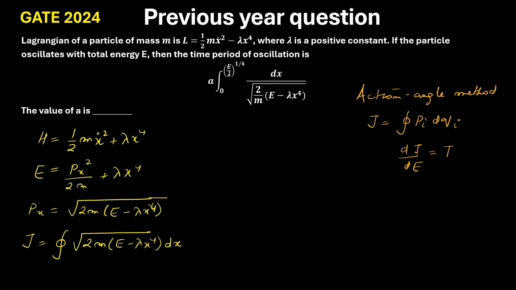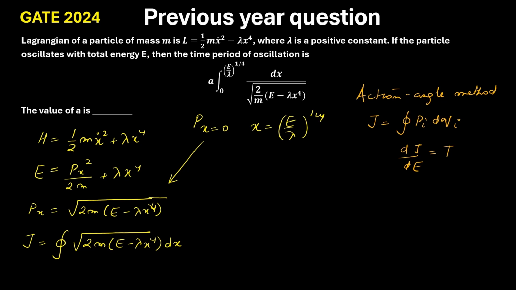So if I substitute x equals 0 in this equation, then px is equal to 0. If px is equal to 0, then x will be equal to (E by lambda) to the power 1 by 4.